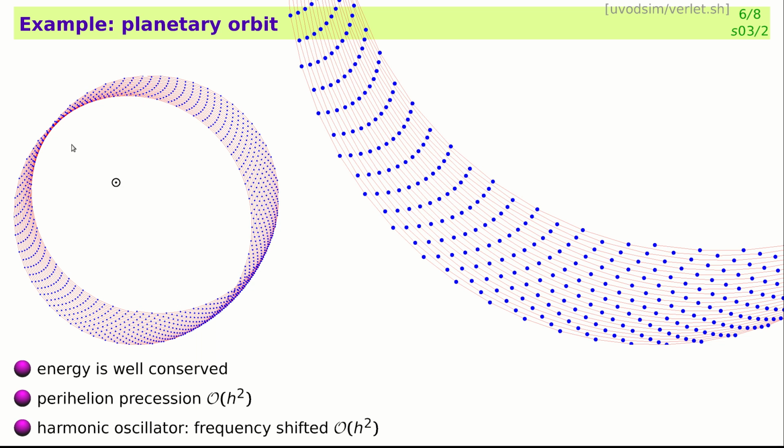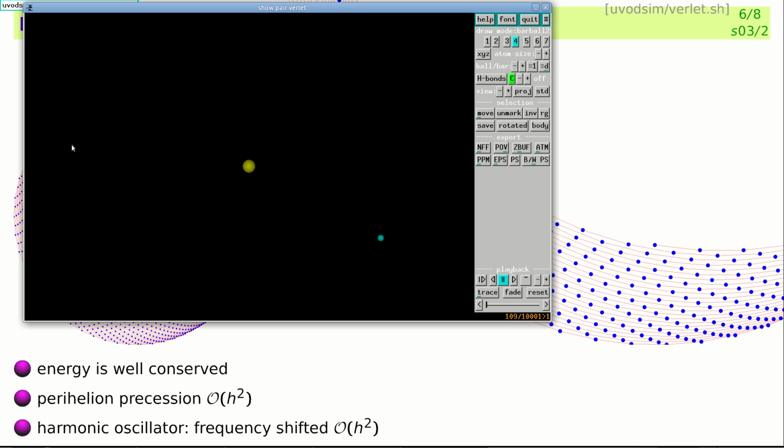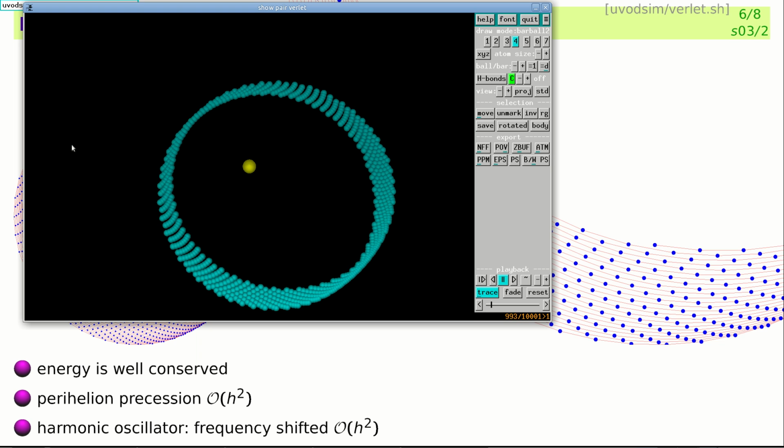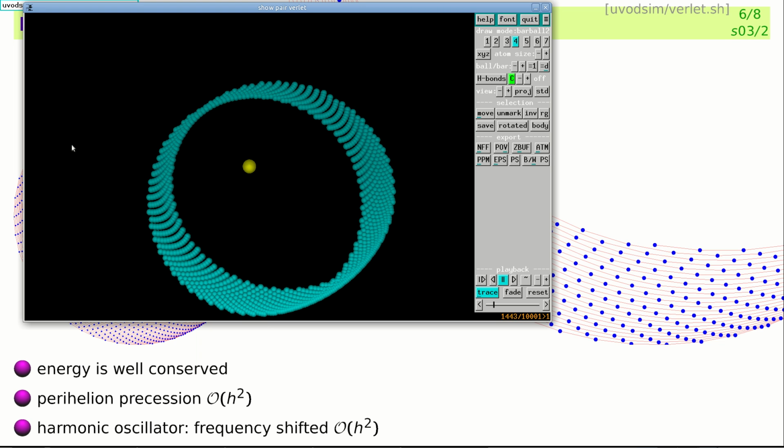We know that using Newtonian mechanics and gravitational forces, the trajectories of planets are ellipses. So what does the Leapfrog method do? It looks like an ellipse, but if we watch closely, we can see that the perihelion has the so-called precession. The axis changes in time.